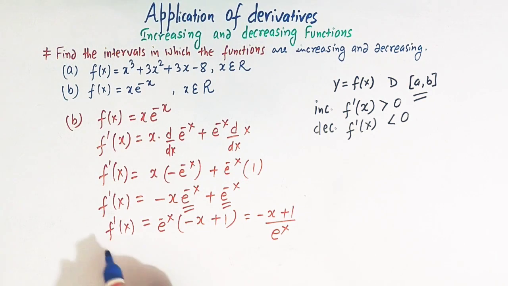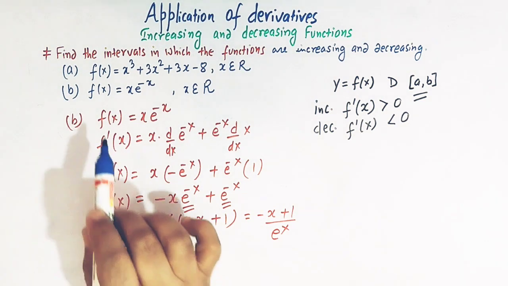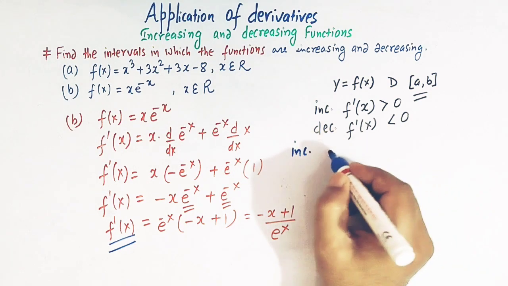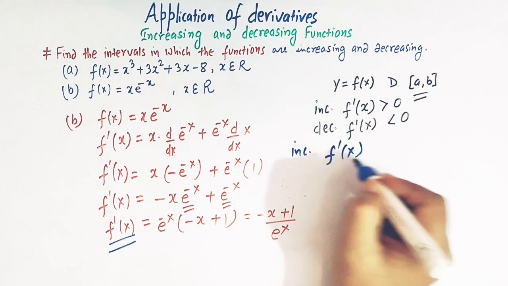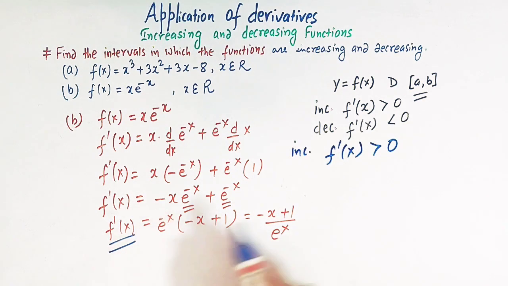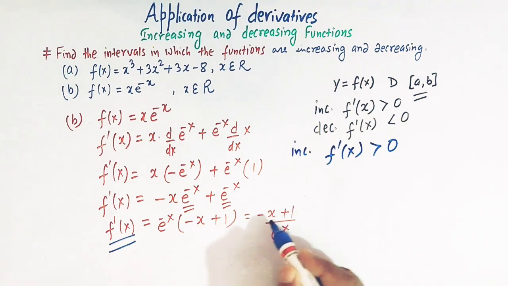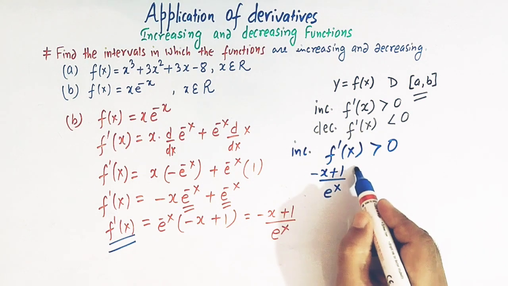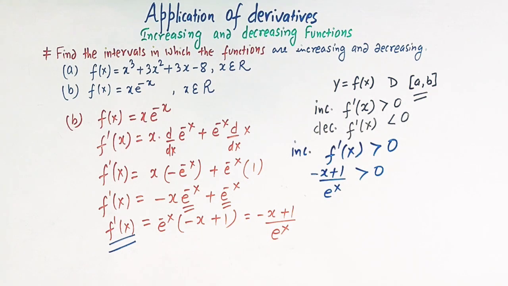So now viewers, this function f of x is increasing when f prime of x is greater than 0, right? So it implies that this quantity, that is minus x plus 1 divided by e raised to x, is greater than 0, right?